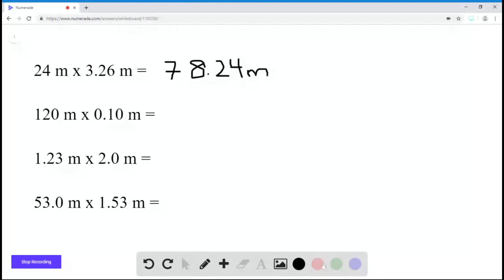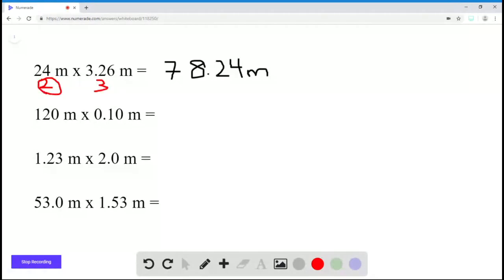Now, when you're doing multiplication problems and thinking about rounding to the number of significant figures, when you're doing multiplication or division, you have to look at your least number of significant figures. If you look, 24 has 2 significant figures, and 3.26 has 3.